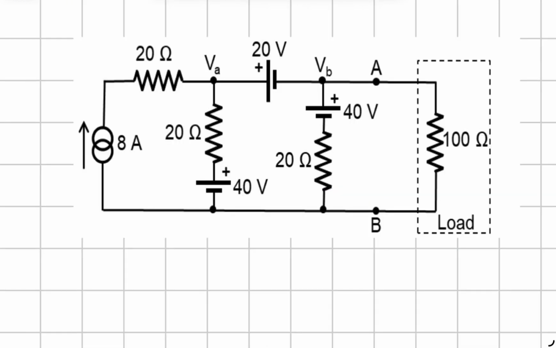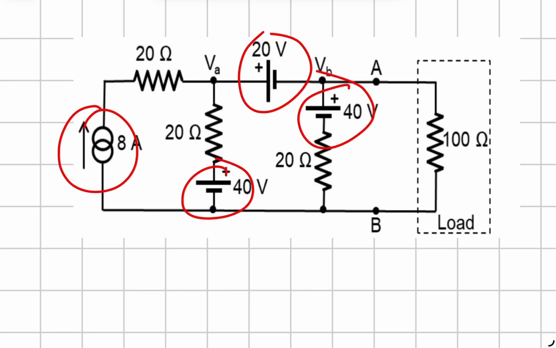This is quite a complex Thevenin circuit, but the more you break it down, the much easier it will become. As you see, we've got a current source there, and we've got 3 voltage sources. So it's quite a lot to work through.